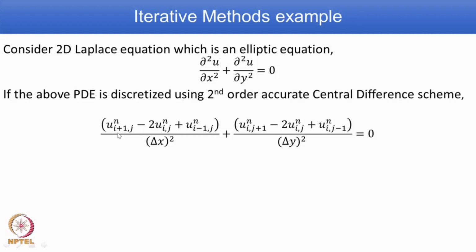We use two subscripts, i for x and j for y, and as usual superscript n is used here for the iteration level. We write a similar term for the second derivative in the y direction, as shown here. Now, j is given the indices j plus 1, j and j minus 1.